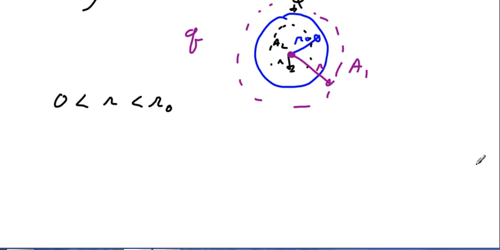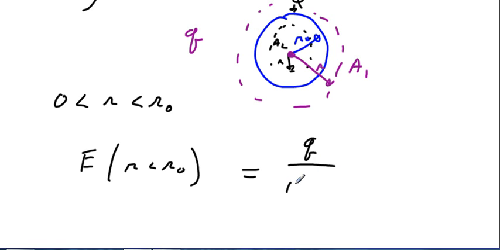And I go back to example 22.3. The electric field, when r is less than r naught, is going to have to be little q, the guy in the middle, over 4 pi epsilon naught r squared.